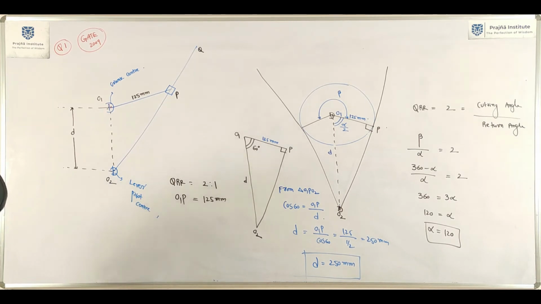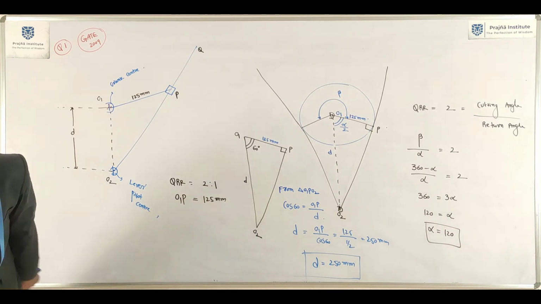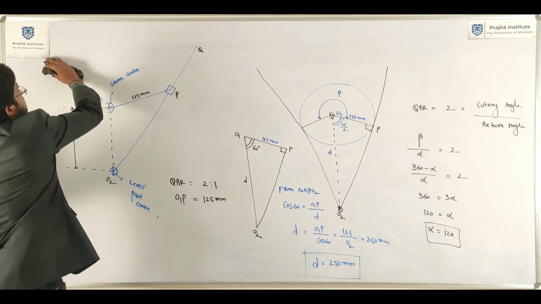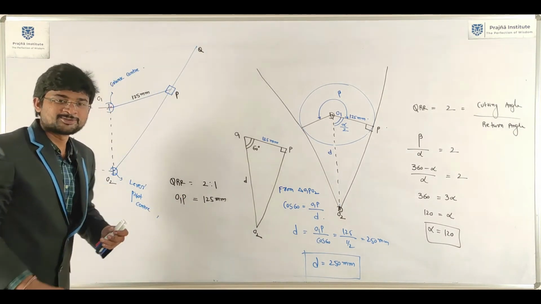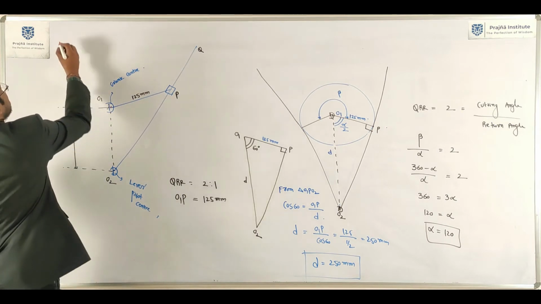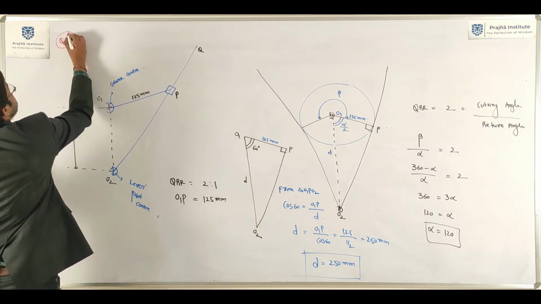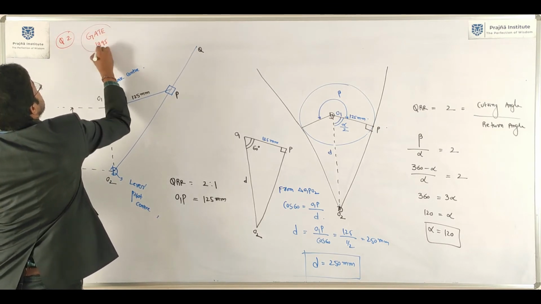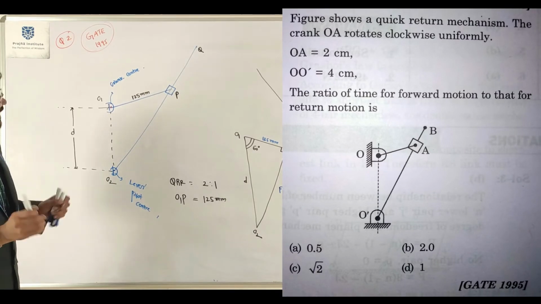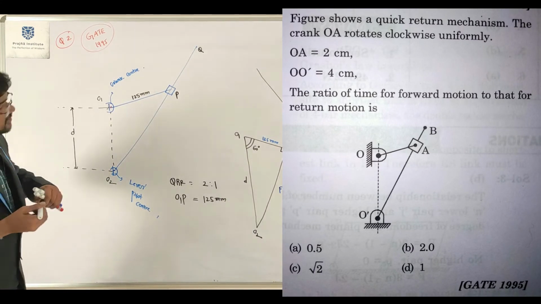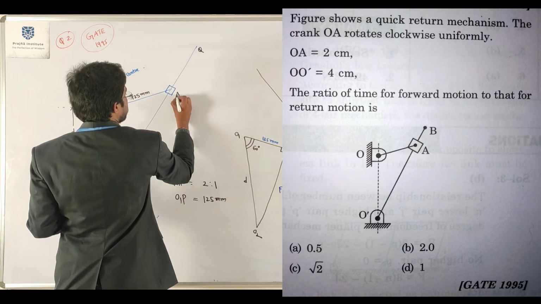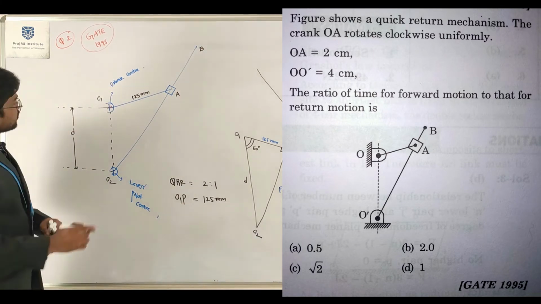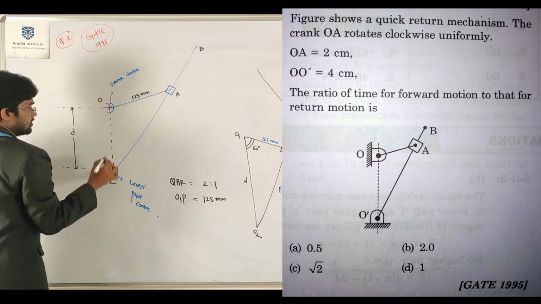Next, a similar type of problem, GATE 1995. Question number 2. The calculations are exactly the same. Here they gave A, B, then O and O dash.